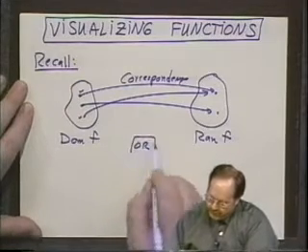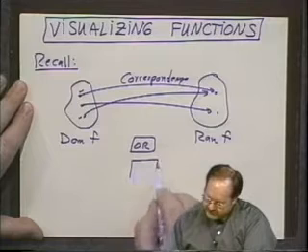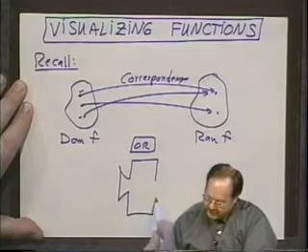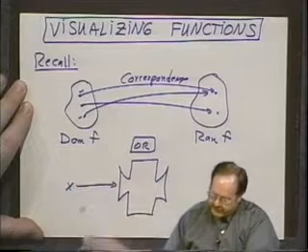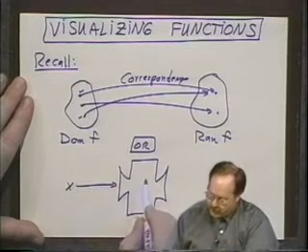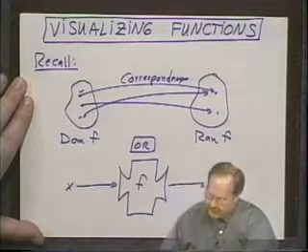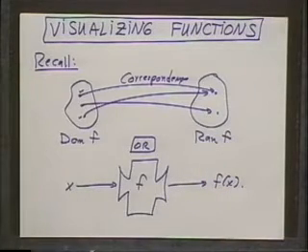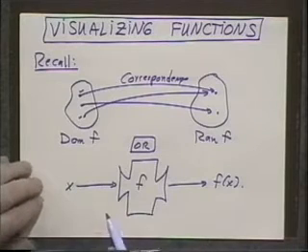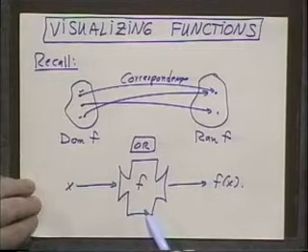Or we also saw these functions as machines, where the domain elements, the x elements, the input elements, went into the function f and came out as f of x. Now in all of these, what do we really need to know the function?